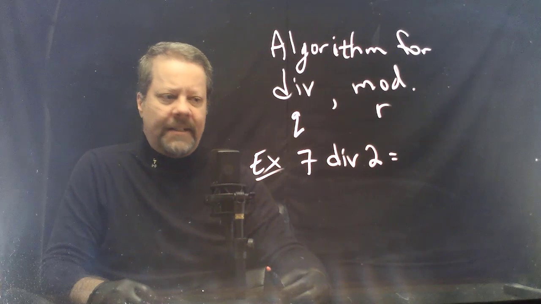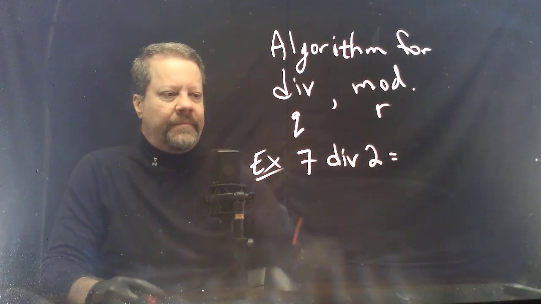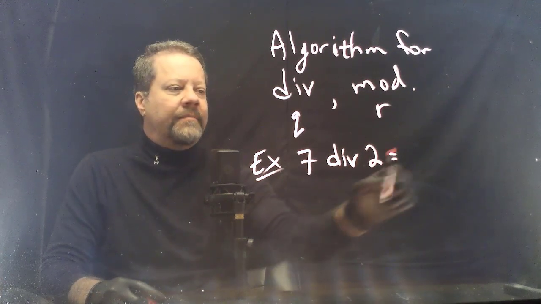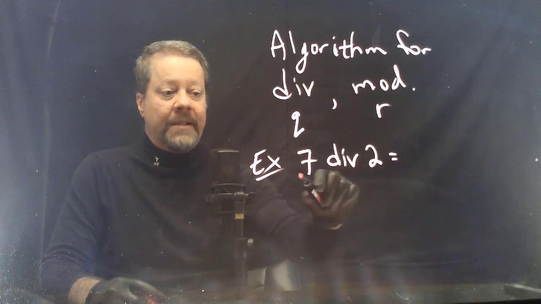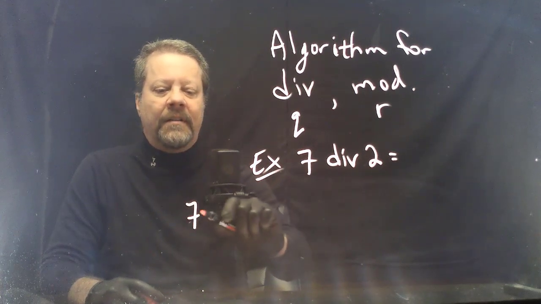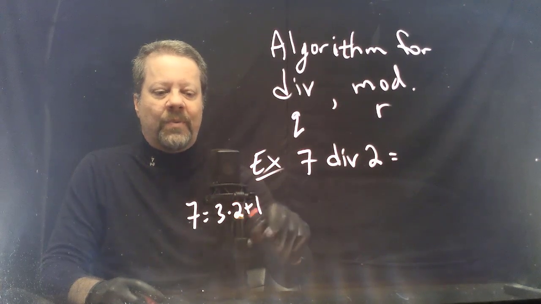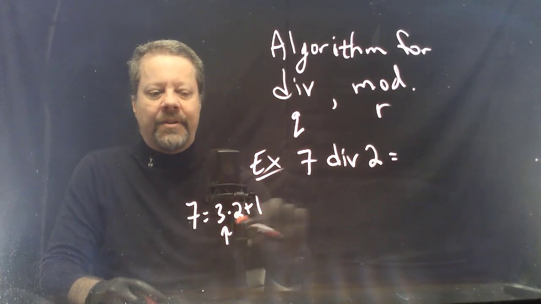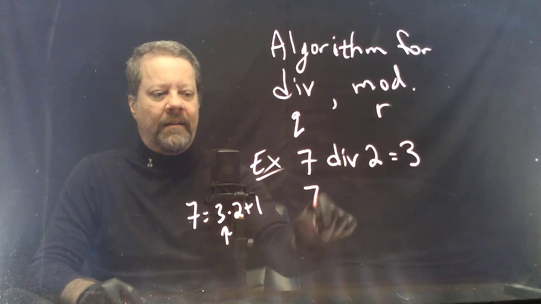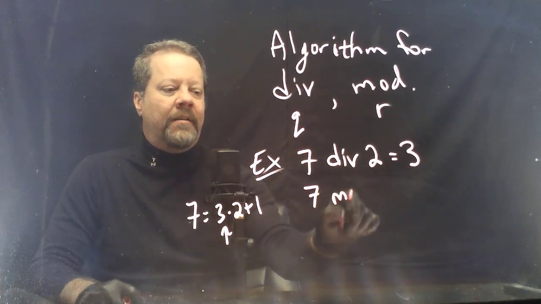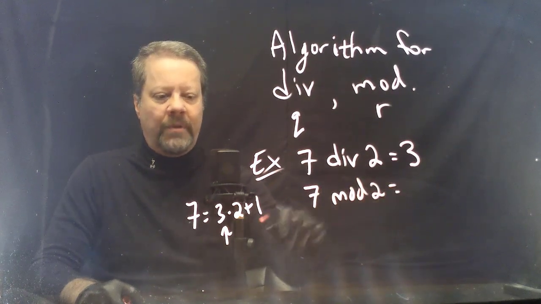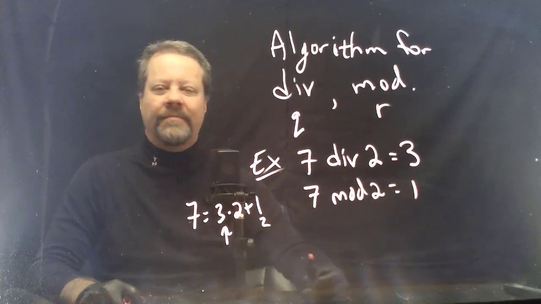Well, how many times does 2 go into 7? There are 3 2's that go into 7, because we can write 7 as 3 times 2 plus 1. So how many 2's do you get? There's your quotient. And consequently 7 mod 2 would be 1.